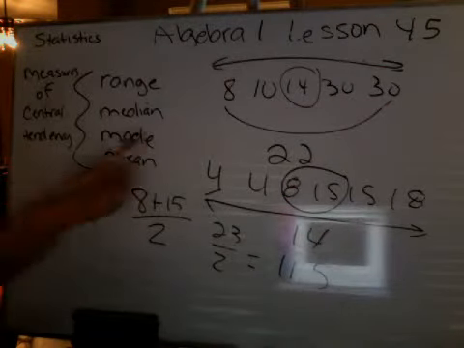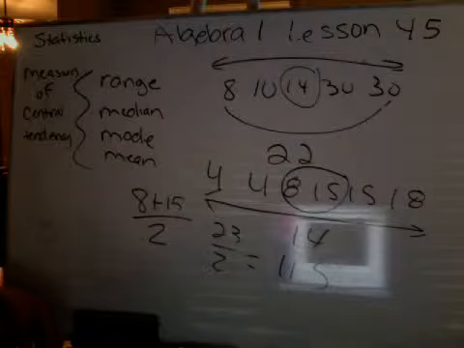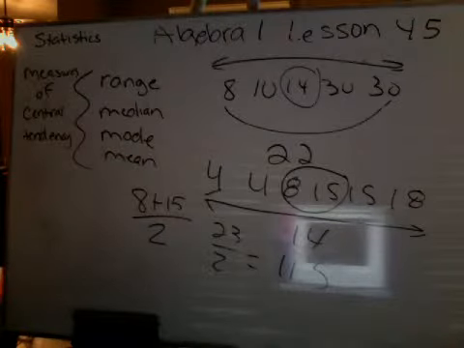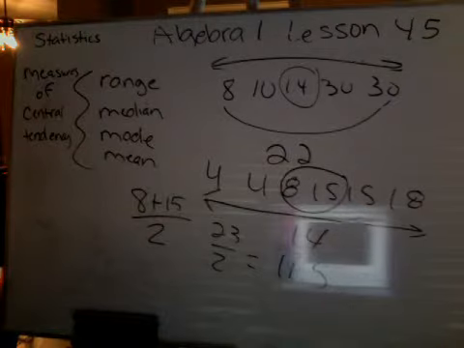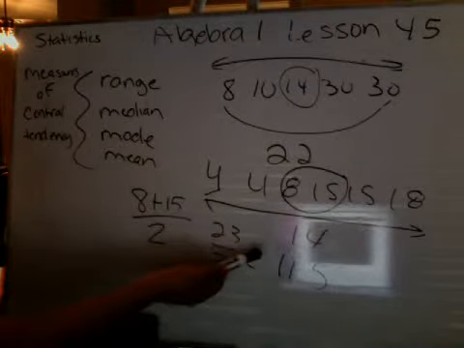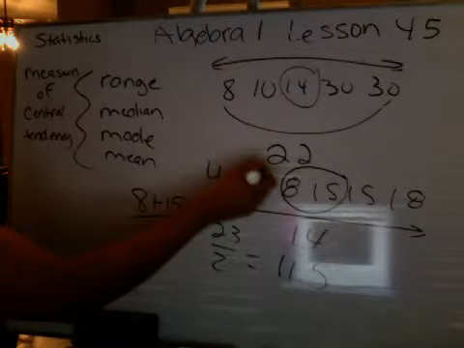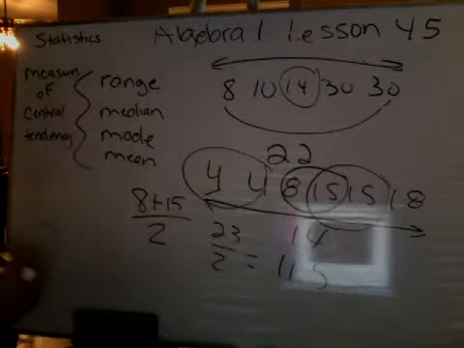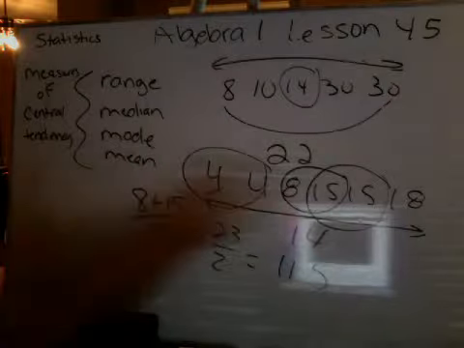If no number appears more than once, there is no mode. And let's look at this set. You've got 4 appears twice, and 15 appears twice. So you have 2 modes. So the modes are 4 and 15.